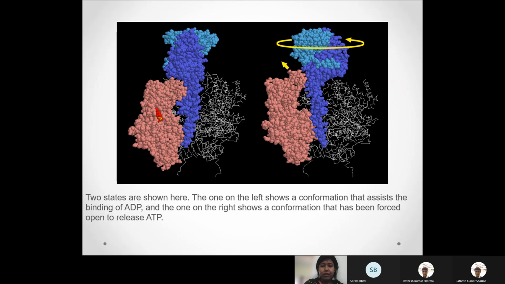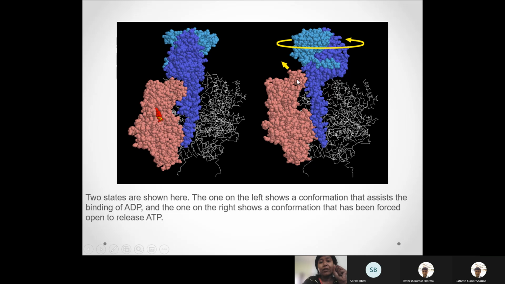Okay. Now this is the actual atomic model obtained from crystal structures of the beta subunit in closed conformation and the beta subunit in open conformation. So this is what you're seeing here. You have the ATP bound here, and this is the ADP plus PI bound here, and this is the closed conformation or the tight state.